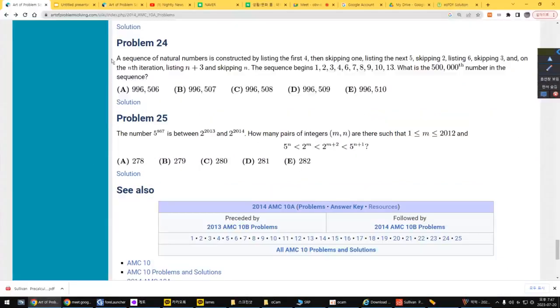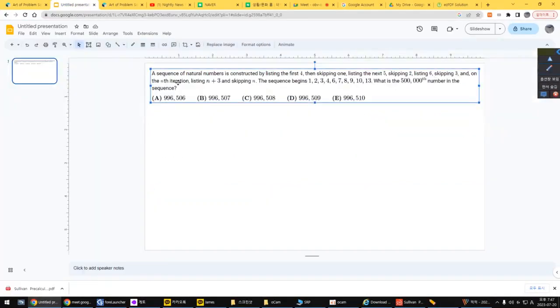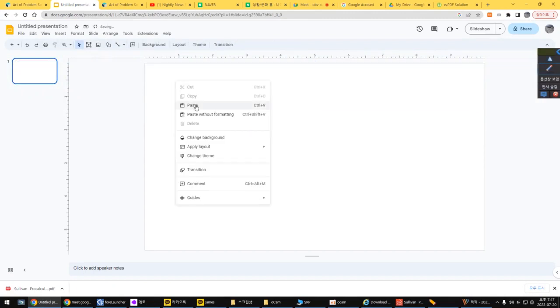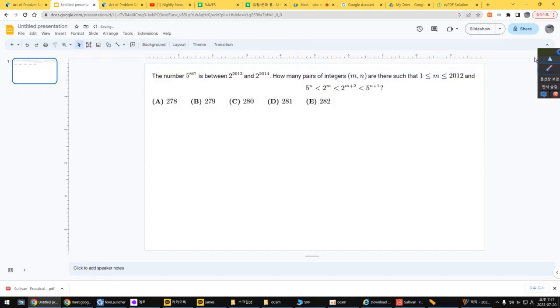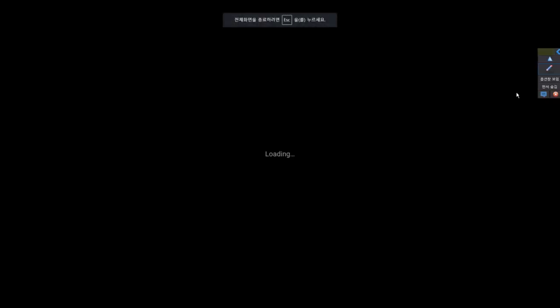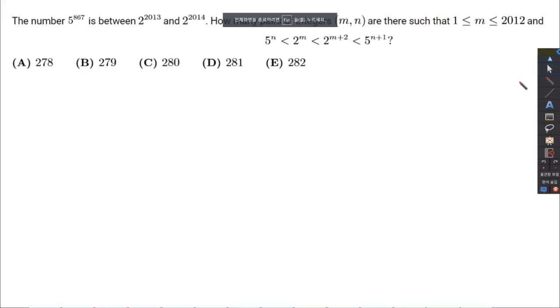And for the last problem, let's make a list using the powers of 2 and the powers of 5.